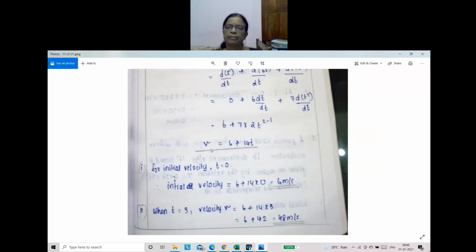Very easy, one step only. dV by dt equal to d by dt of 6 plus 14t. Fast. All of you find dV by dt. This is a 2-mark question, very important also. V equal to this, dV by dt, left side, d by dt of 6 plus 14t.